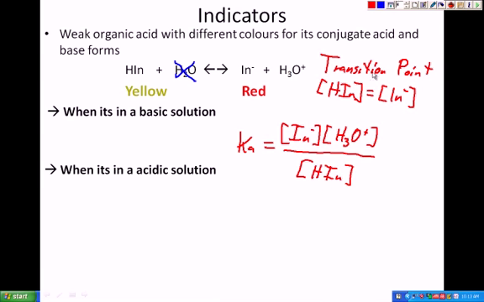So if we want to know what pH it is at the transition point, at the transition point HIN is equal to IN minus, so these are going to be equal, and they're going to cancel. So Ka is going to equal the concentration of H3O plus at the transition point.